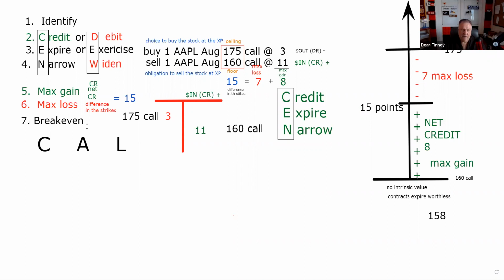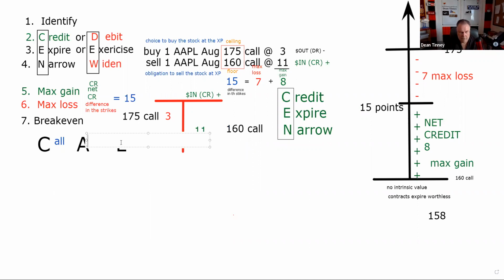Now, what CAL stands for is call add to the lower. Call add to the lower. So the lower strike here is 160. The lower strike, by the way, in the call spread will always be the dominant leg because lower strike calls always have greater premiums.